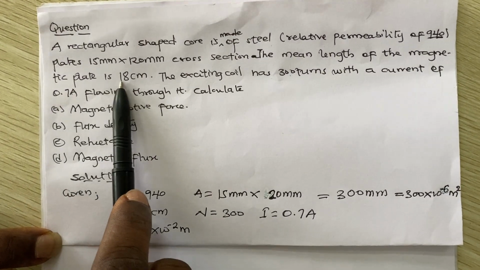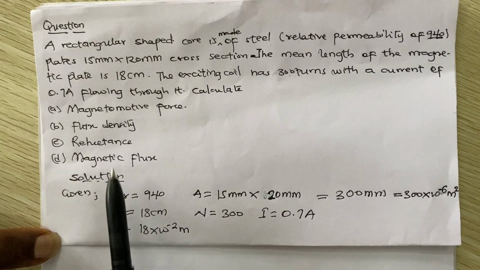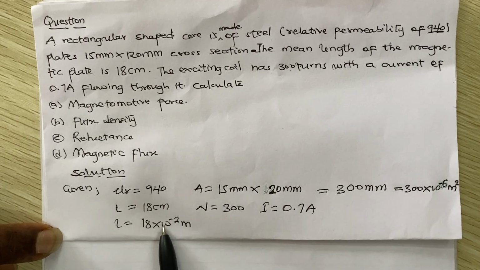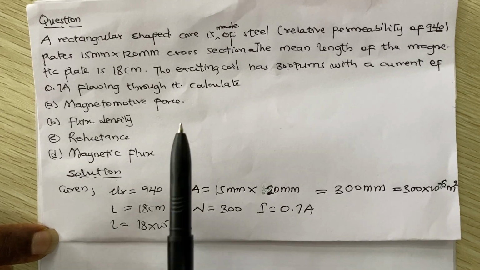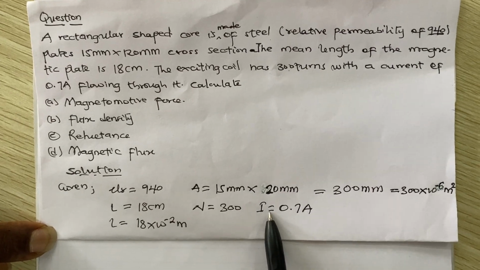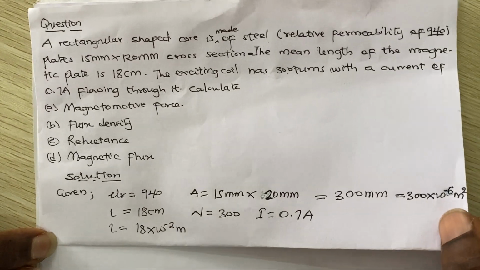Then the length is 18 centimeters, and that will also be 18 times 10 power minus 2 meters, with the number of turns being 300 and current of 0.7 A, right?